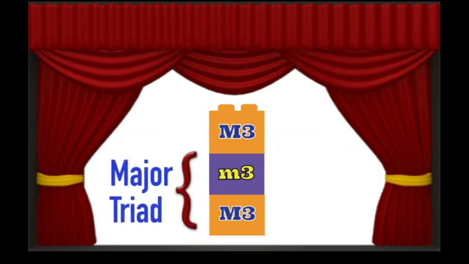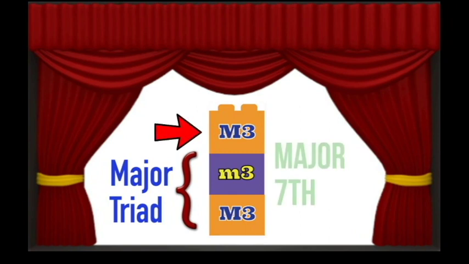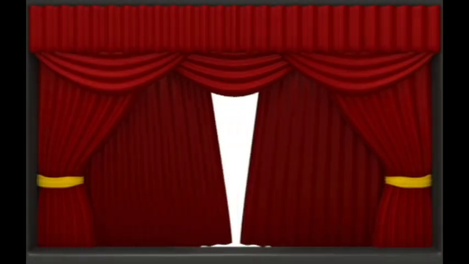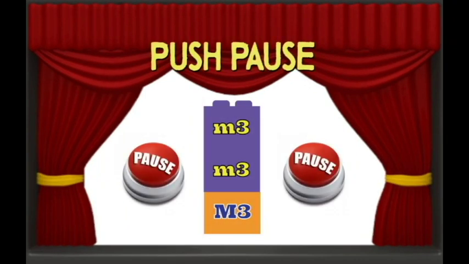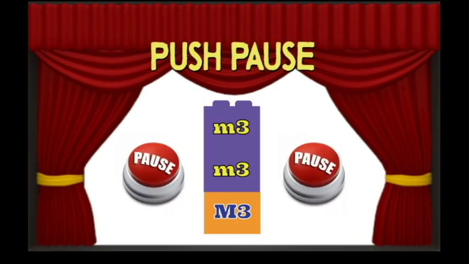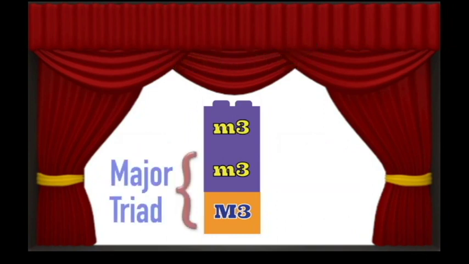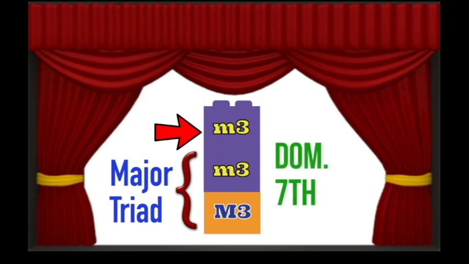Did you identify the major triad base here and the major third on top? If so, you correctly identified it as a major seventh chord. Here's another one. This chord also has a major triad base, but it has a minor third on top, making it a dominant seventh chord.